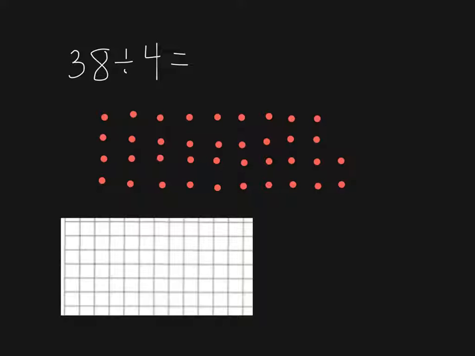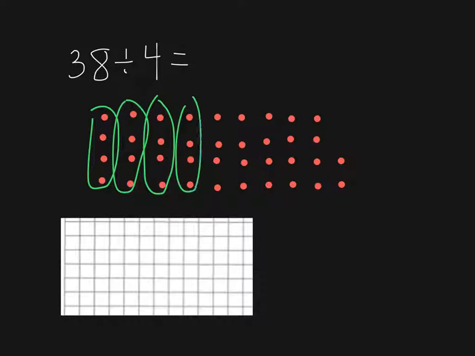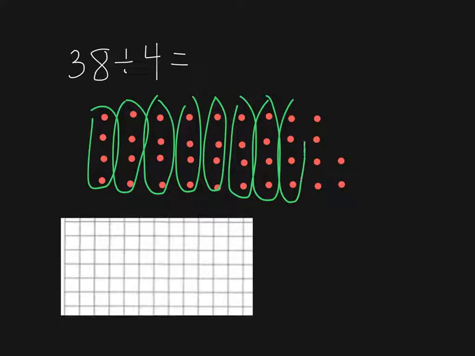So I have 38 dots, and if I'm dividing this by 4, I need to see how many equal groups of 4 did I make. I've got 1, 2, 3, 4, 5, 6, 7, 8. I have 9 equal groups, and I have 2 remainders. So my answer would be 9, remainder 2.